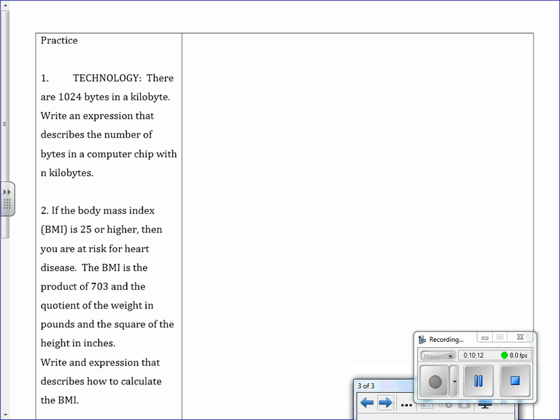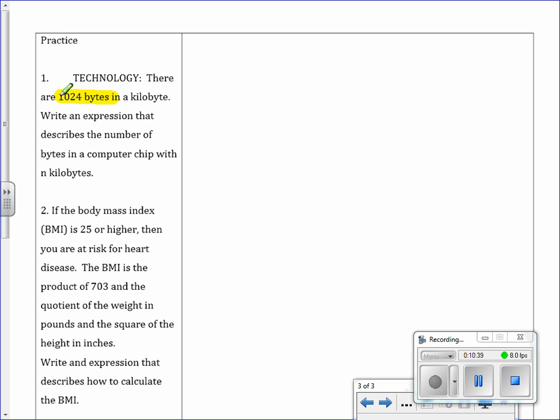Now what we have are some verbal sentences that we need to translate into math or algebraic expressions. So before I do anything else, I want to highlight. The important thing on this is to highlight. So I'm reading my first problem. There are 1,024 bytes in a kilobyte. I need to know that.